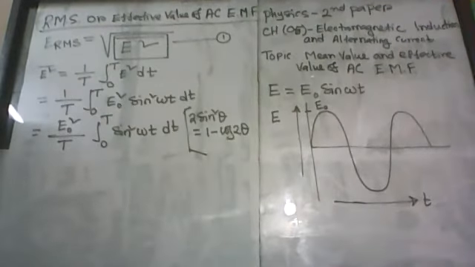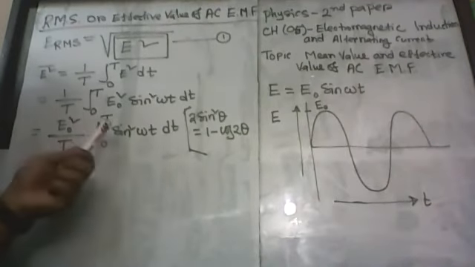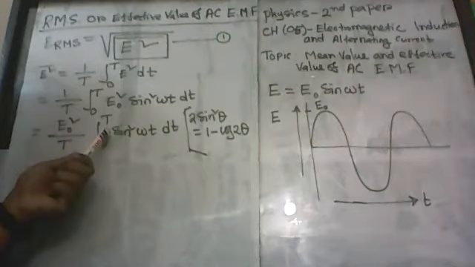2 sin square theta will equal to 1 minus cos 2 theta. To use this formula, at first I need to introduce the constant 2.